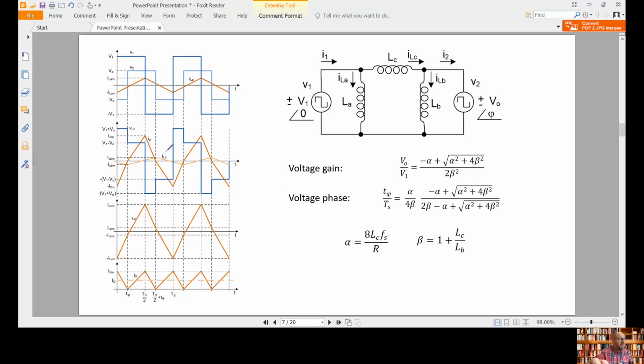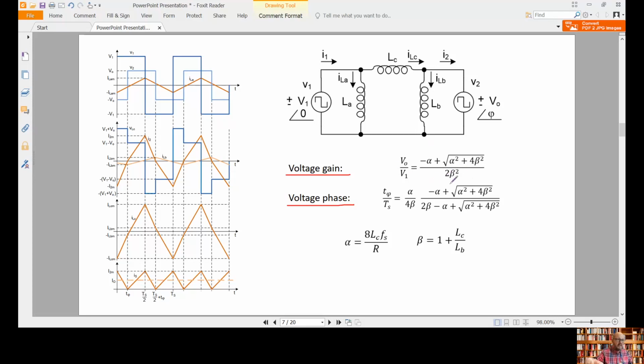So by analyzing this circuit, we can obtain the voltage gain and also the phase of the output voltage, which is another important parameter. Okay, so the voltage gain that we are going to have is the DC output voltage divided by the voltage V1 that we are applying here, the peak voltage of the square waveform.